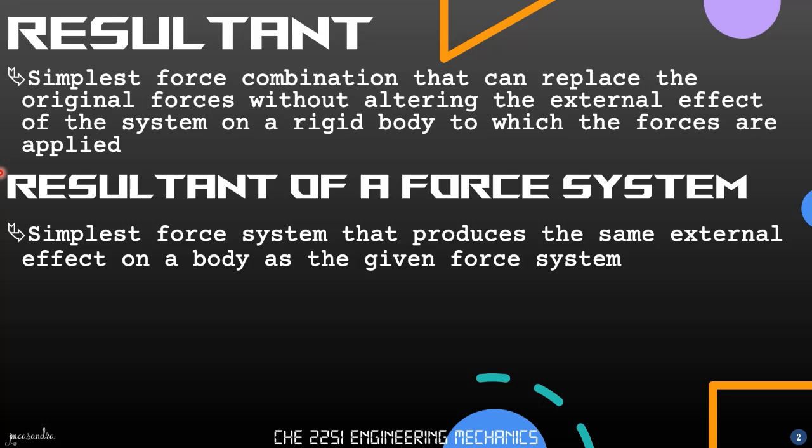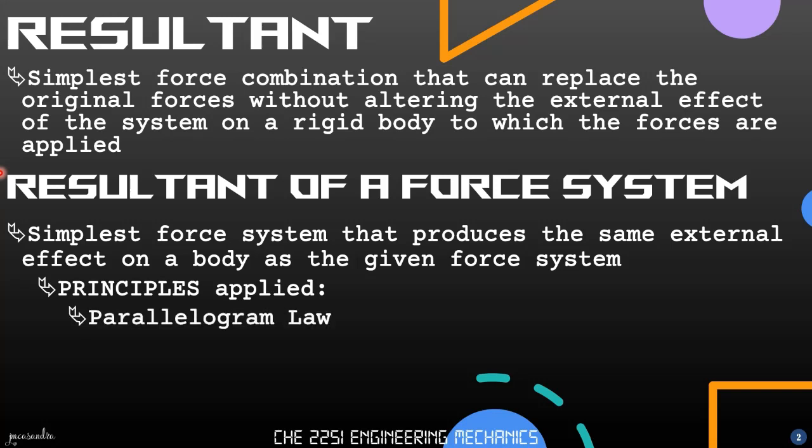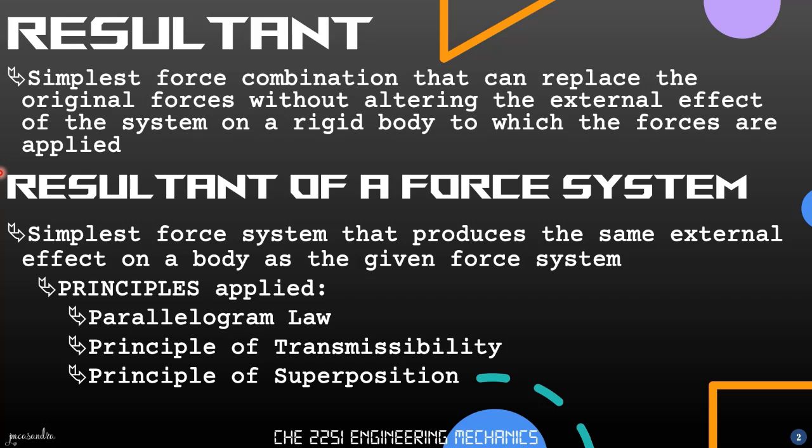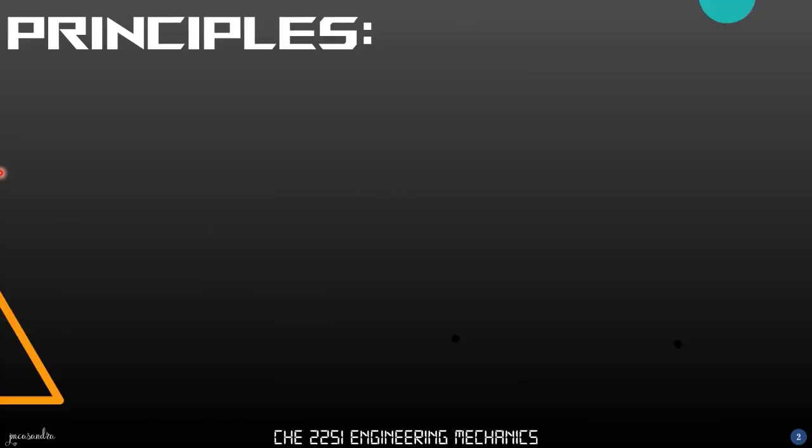In computing for our resultants, we apply the principles of parallelogram law, principle of transmissibility, principle of superposition, and Varignon's theorem. As a review, the parallelogram law is the same as our parallelogram method from our physics subject.